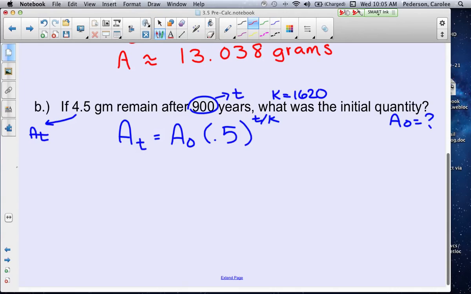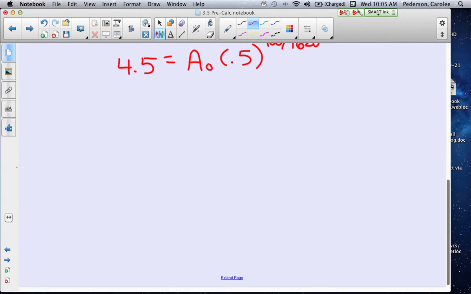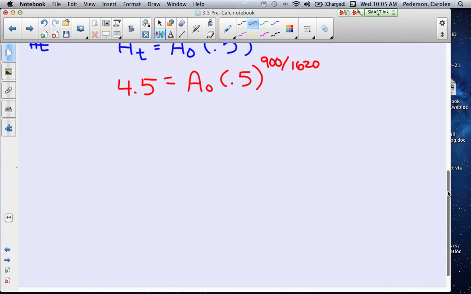So what will be the left side of the equation? 4.5. Our initial amount? Unknown. 0.5 raised to the 900 divided by 1620. Now we're solving for A naught.